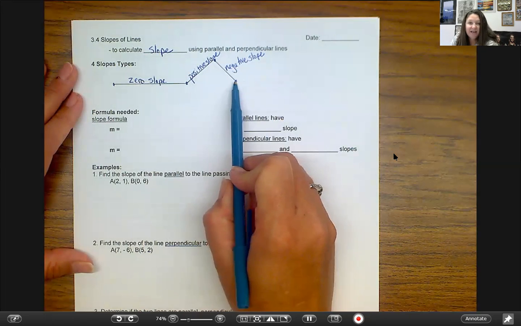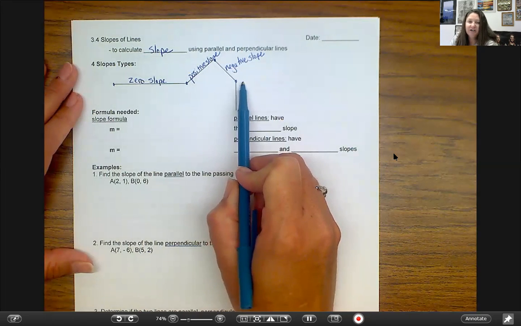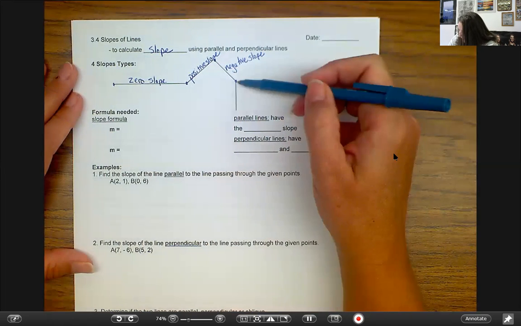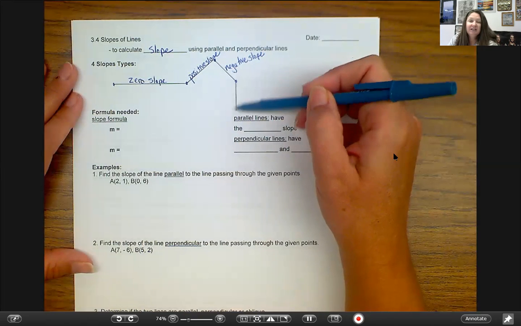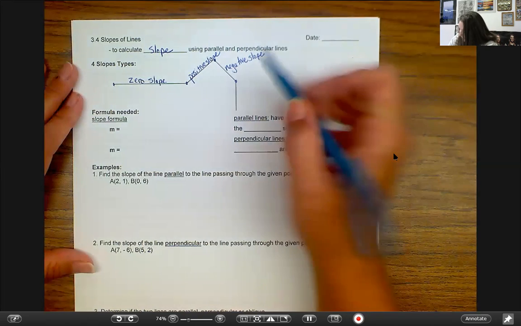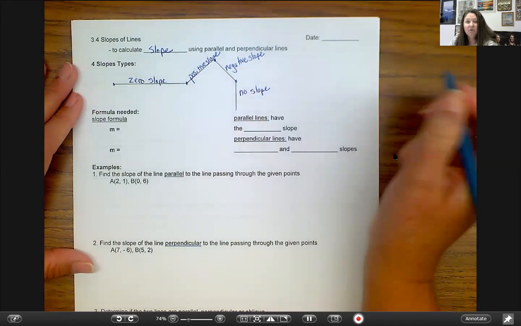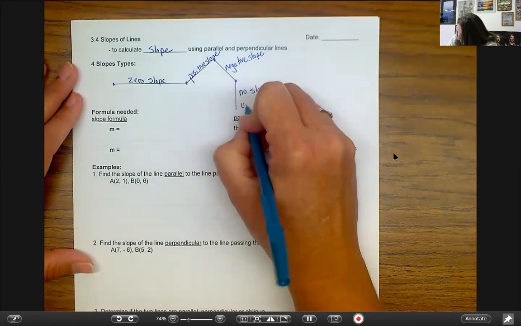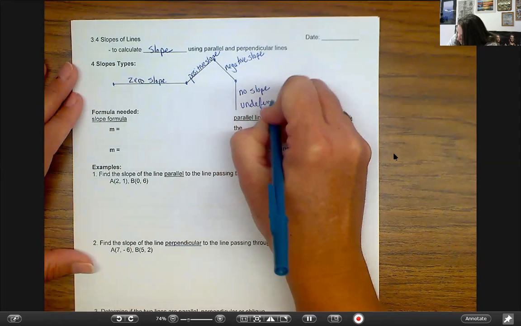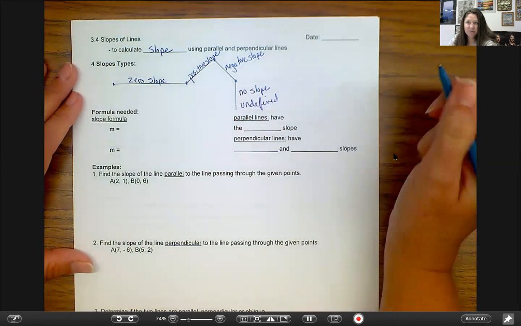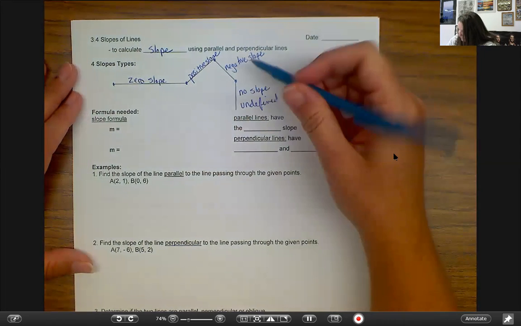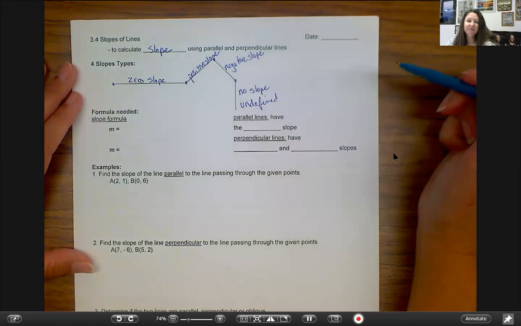Well, if we were at this point on this vertical line and we move to the right, we're no longer on it. There's no way to measure the slope. So anytime you have a vertical segment, this is going to have no slope, or we describe it as being undefined because it's not measurable. There can't be any slope to our vertical line.